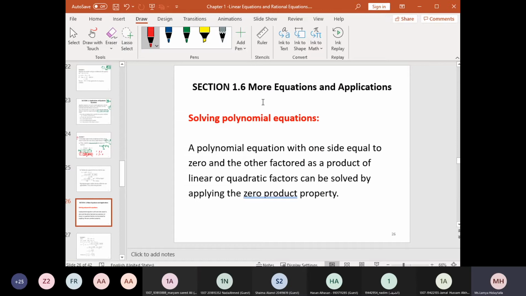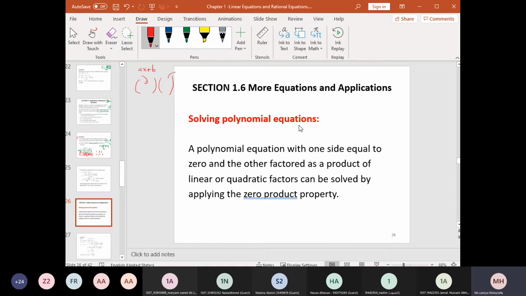Now, what if we have any other polynomial? If we can write this polynomial as a product of linear equations in the form ax plus b, or quadratic in the form ax square plus bx plus c, some terms like that, and then is equal to 0, easily I can still solve that polynomial.